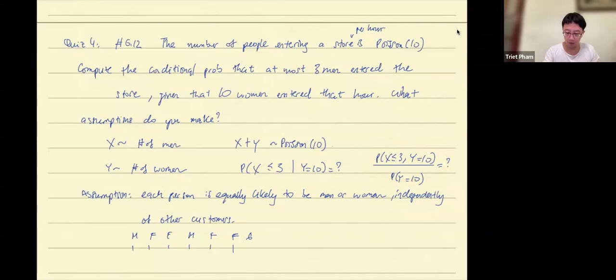So the final answer, well, not final answer, but the calculation is just about the probability X less than or equal to 3, where X is Poisson 5. So, any question? Okay.